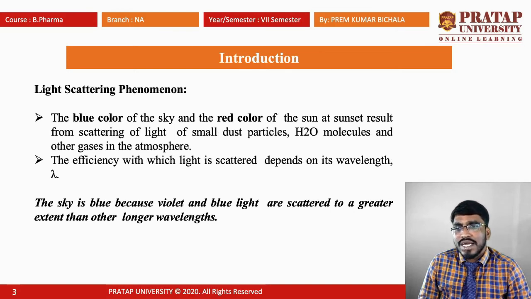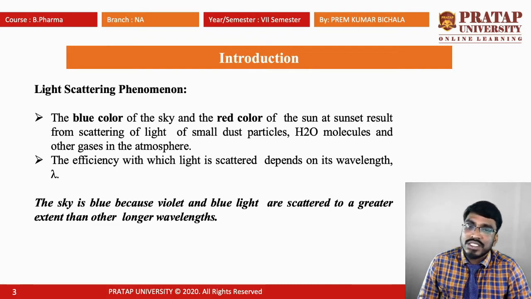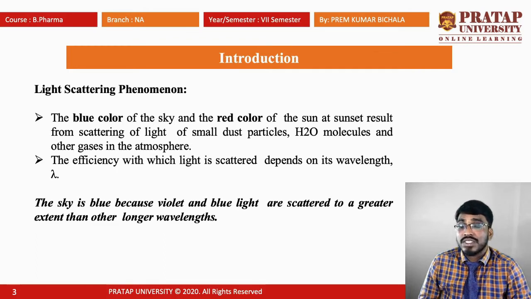Based on the light scattering phenomenon, the blue color of the sky and the red color of the sun at sunset result from the scattering of light by small dust particles, water molecules and other gases in the atmosphere. The efficiency with which light is scattered depends on its wavelength, that is lambda.